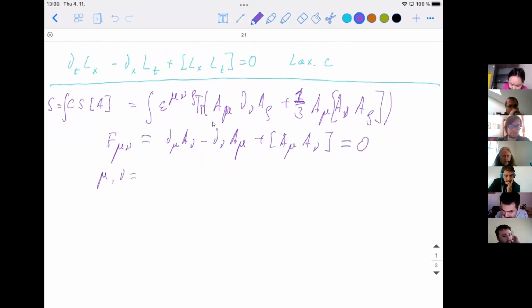So in three dimensions, let's call the third dimension something like that.